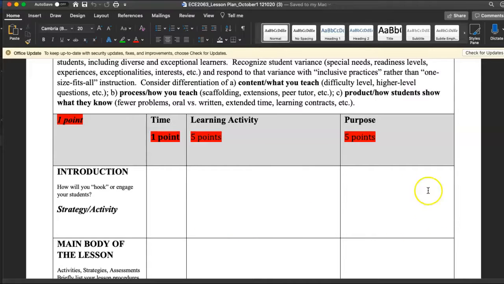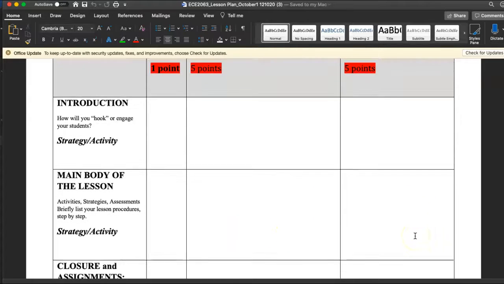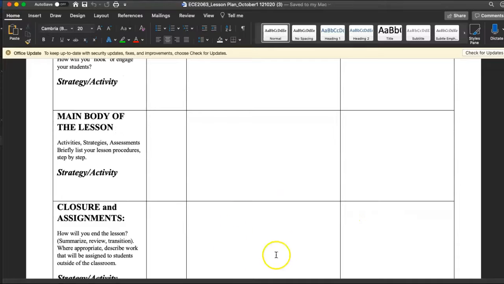What is the purpose of this activity? The main body of the lesson. What activities, strategies, assessments will you have, and what are their purposes? Closure. How are you going to end the lesson? And what is the purpose for that closure?